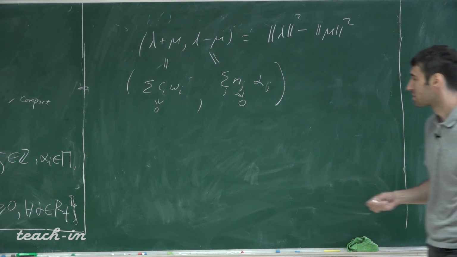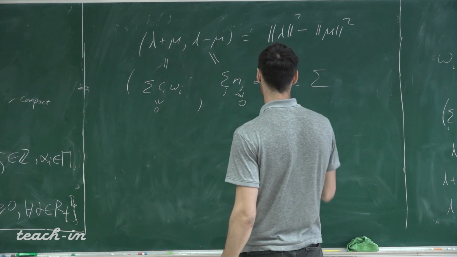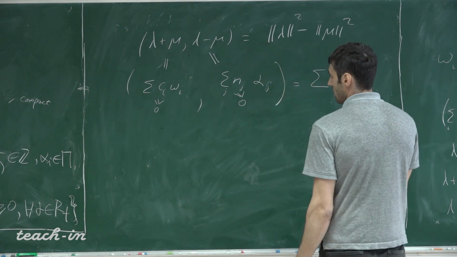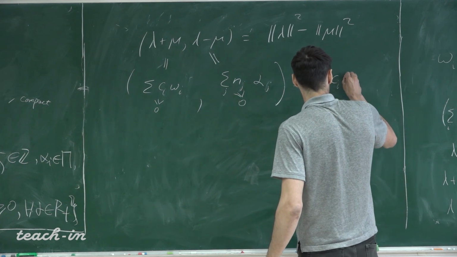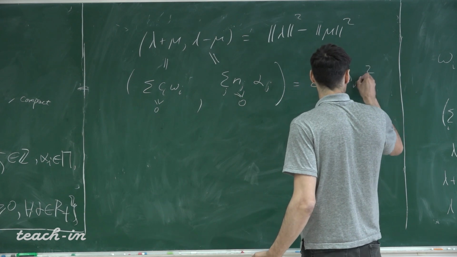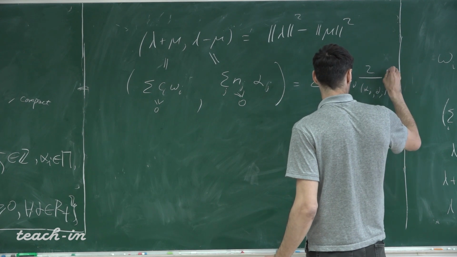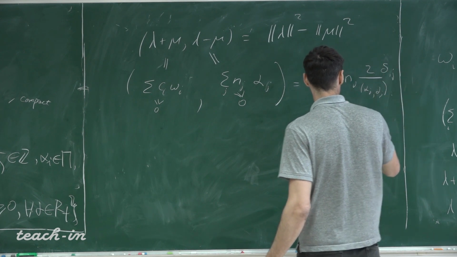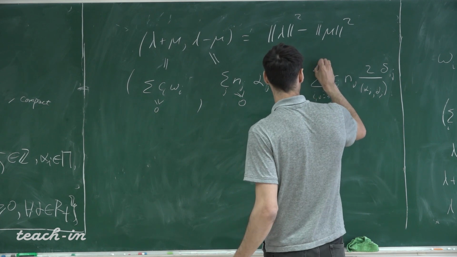So actually this thing is the sum of Ci and j times 2 over alpha j delta ij, with i, j from 1 to r.